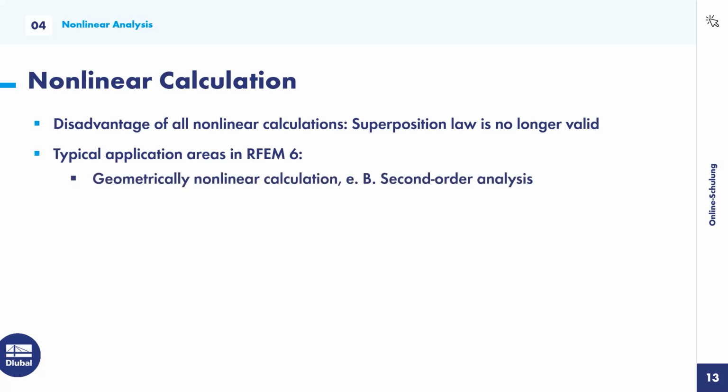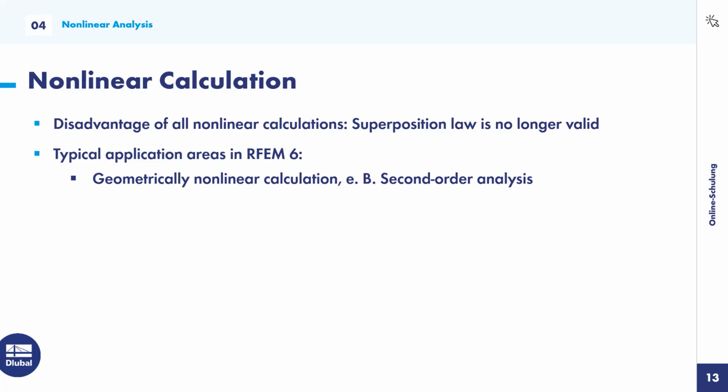One would be geometric nonlinearity. If we have a geometrically linear system, we apply a loading to the structure, and the internal forces are calculated for the undeformed system. So we only need to solve the equation system one time.